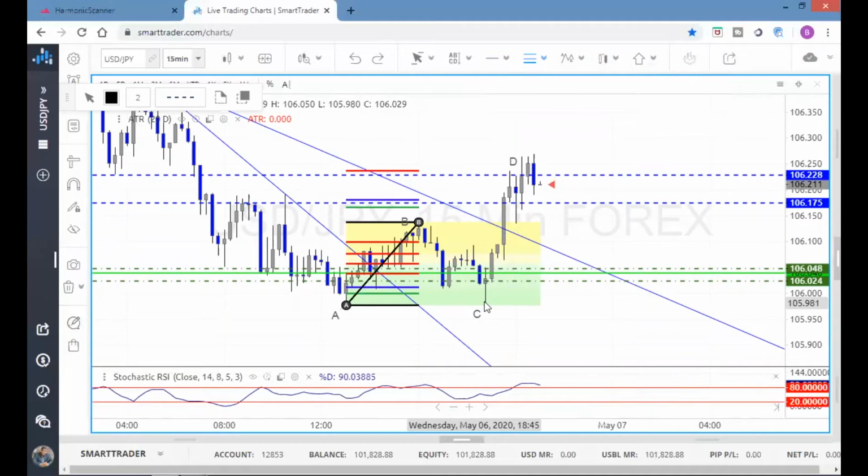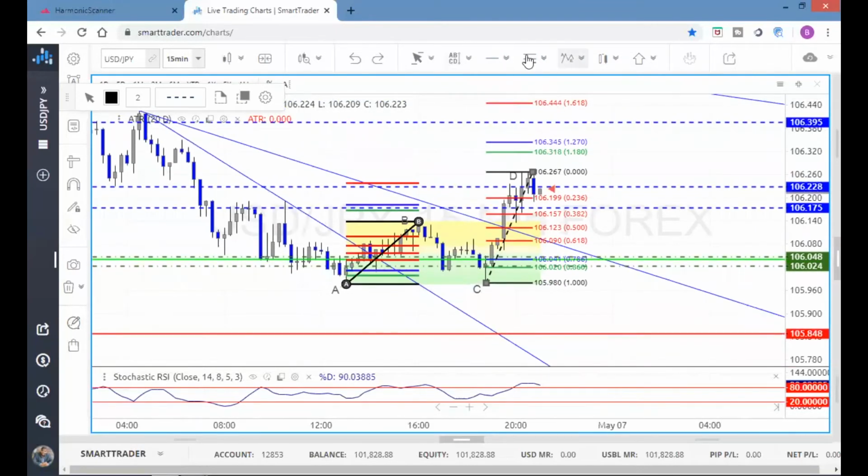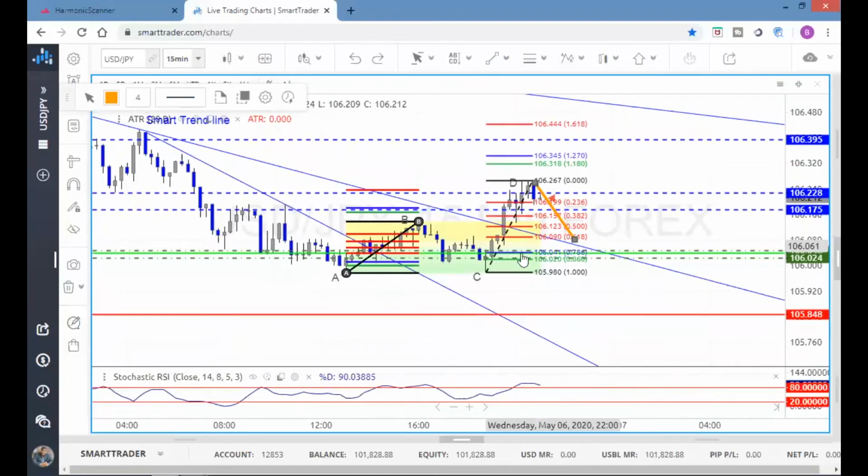So our C becomes our new A, and our D becomes our new B. Then we'll look for price to pull back, right? The market is like lungs. It expands and it contracts. So it expanded, now it's contracting.